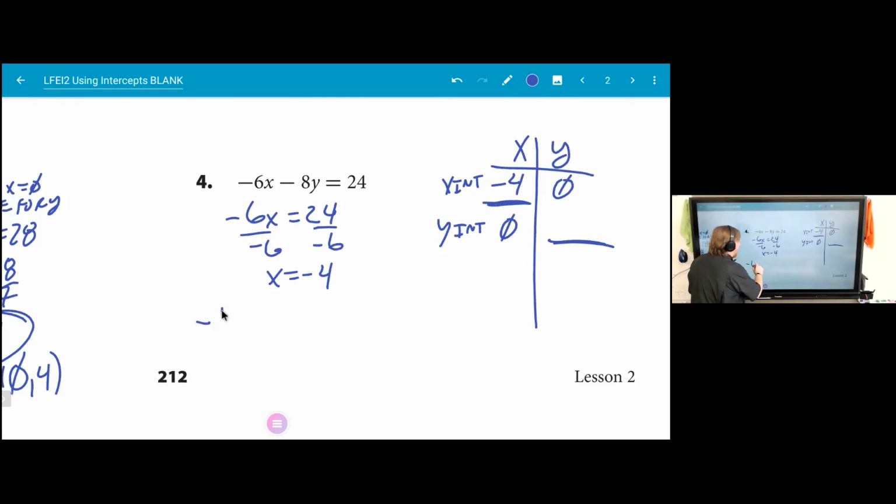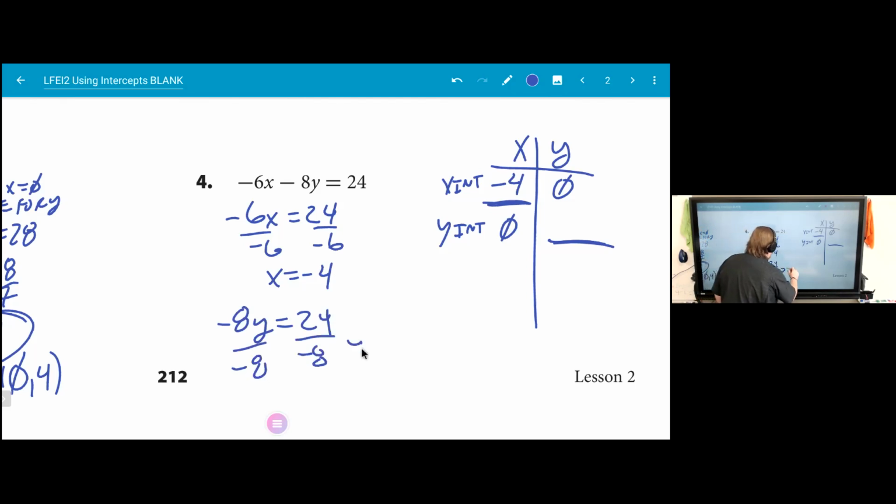So negative 6 times 0 is just gone. Negative 8y equals 24. Divide both sides by negative 8, and y equals negative 3. Follow the steps. That's why I had you star that stuff up there.